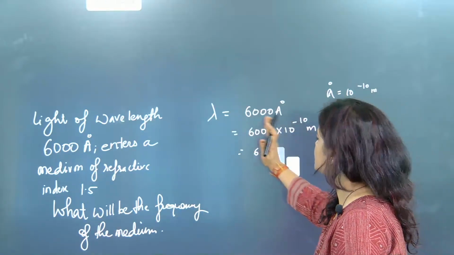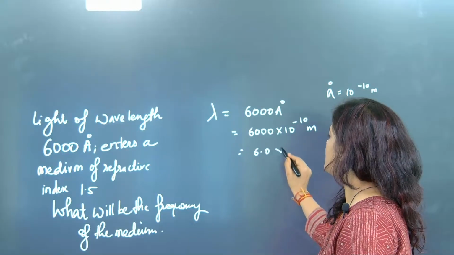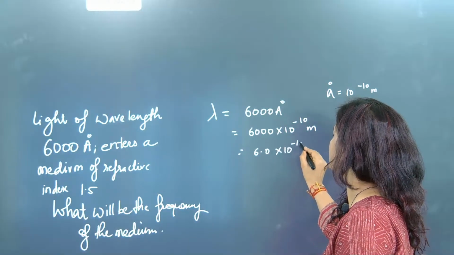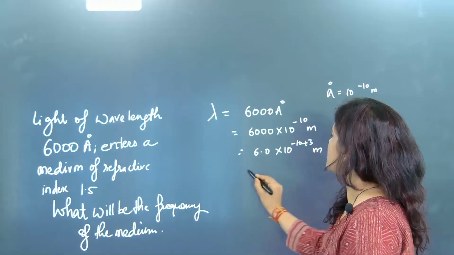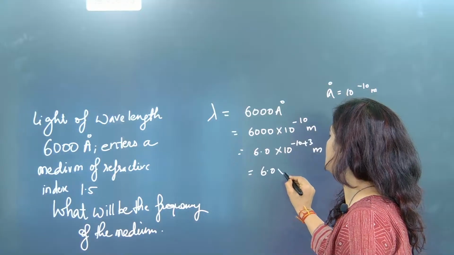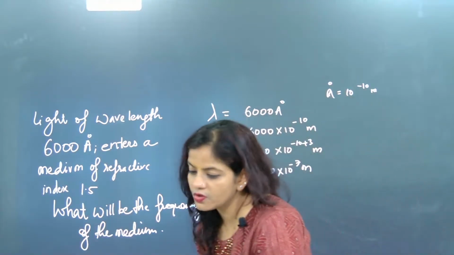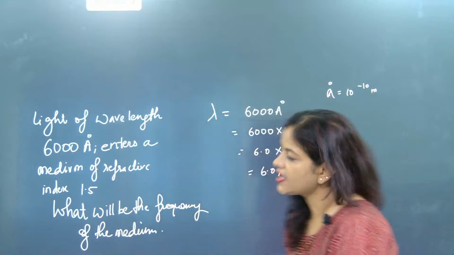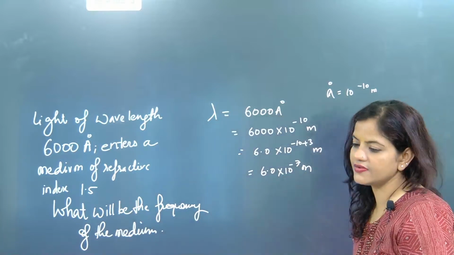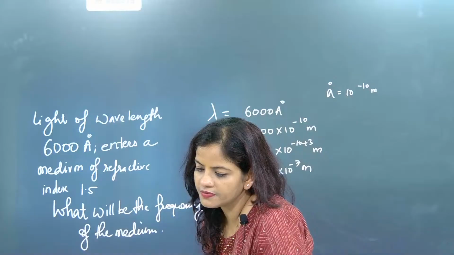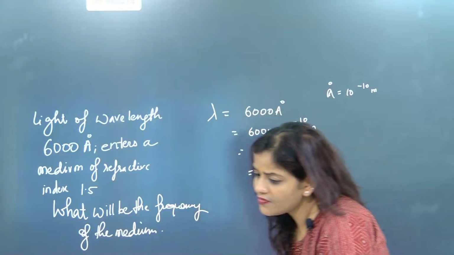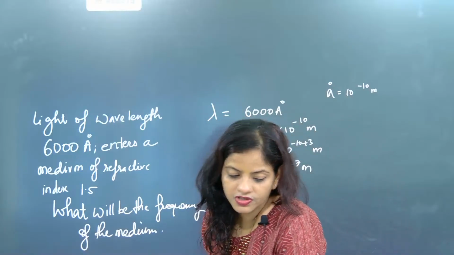In standard format, it becomes 6.0 into 10 to the power minus 10 plus 3 meter. So it will become 6.0 into 10 to the power minus 7 meter. Check this one out. Once you have written it like that, we will go for the next part.